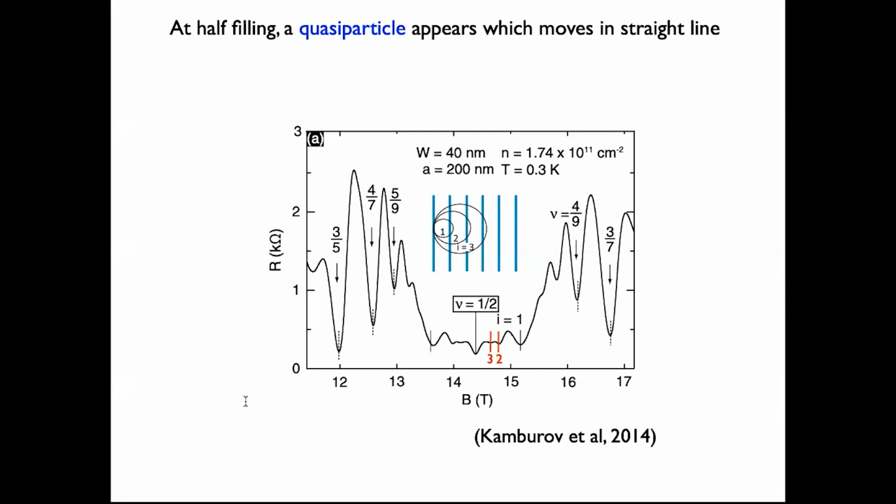Another thing is that they superimpose on the sample an external potential, and they see that there seems to be a particle whose orbit is sometimes in resonance with this external potential that they put in. So these minima can be identified with the case when the orbit of these quasi-particles is commensurate with the external lattice.